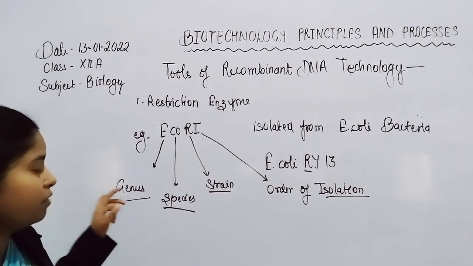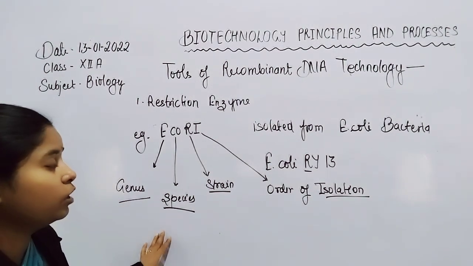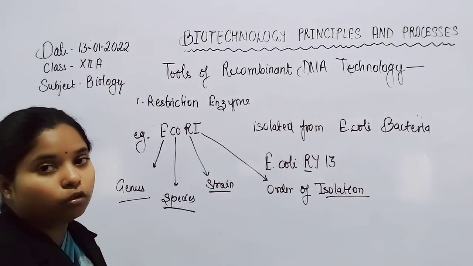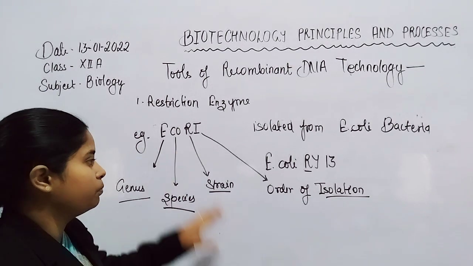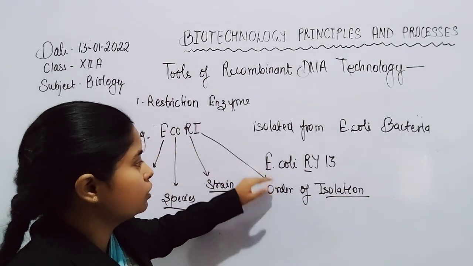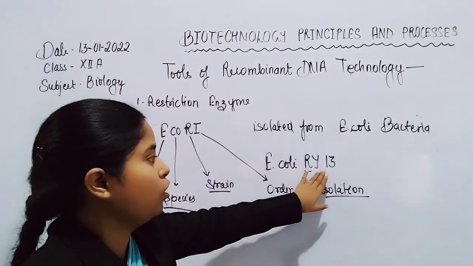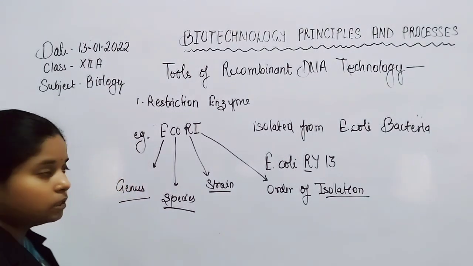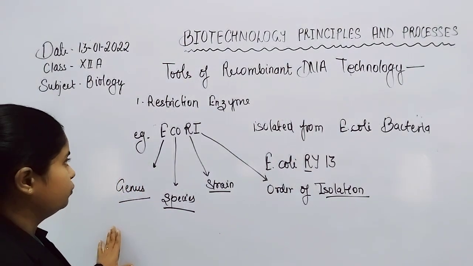EcoRI is the name of a restriction endonuclease enzyme according to the strain of E. coli bacteria from which it is obtained. The EcoRI enzyme is isolated from the E. coli bacteria of strain RY, and 13 is the code number of the strain.